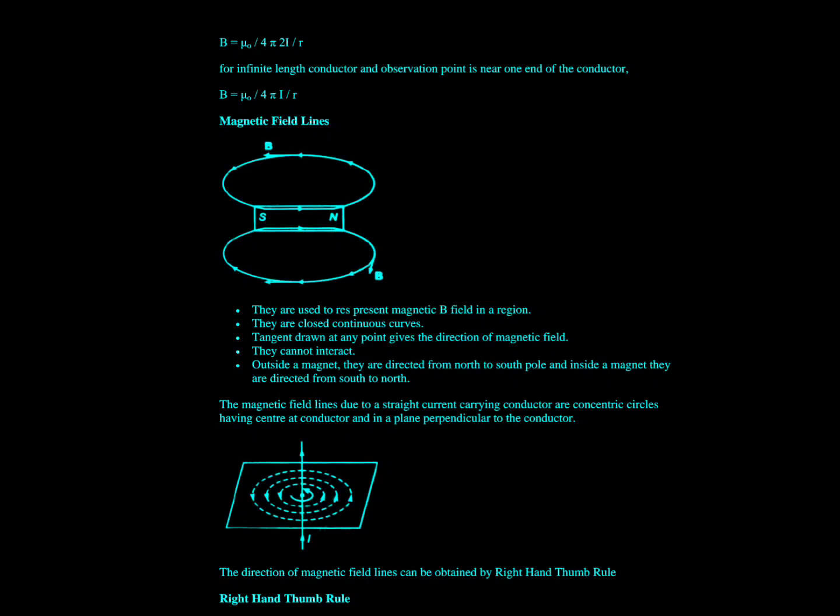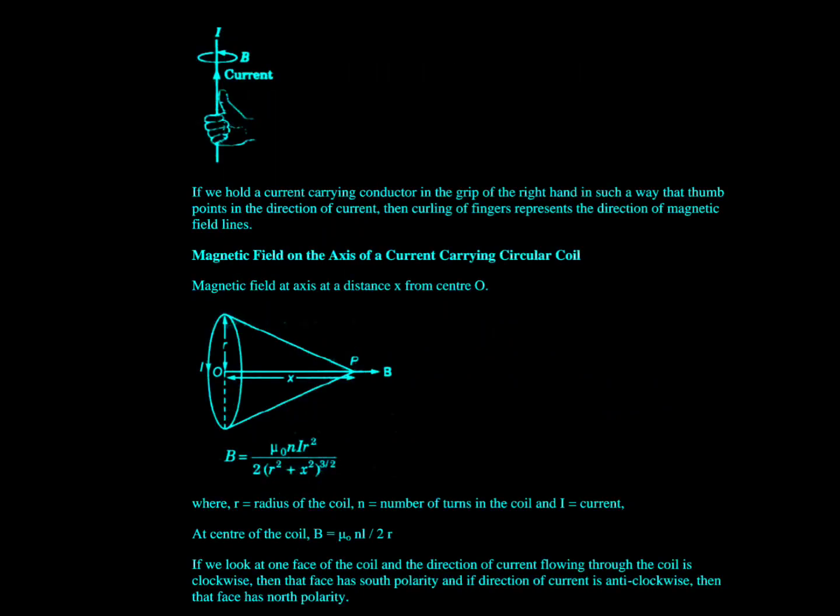In this way we can find the direction of the magnetic field line by the simple use of the right hand thumb rule.